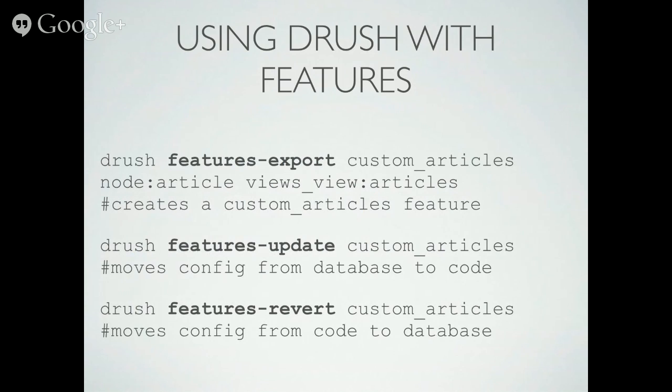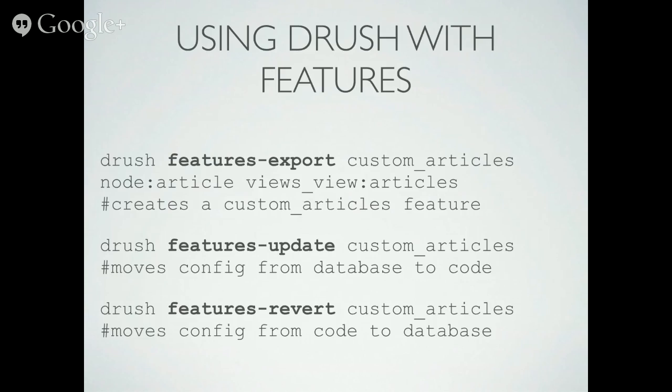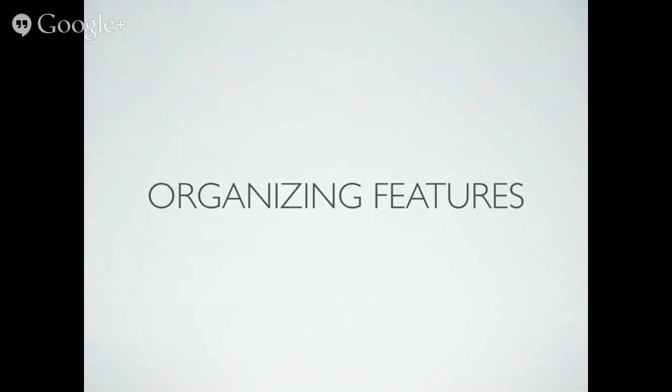So any changes that you've made in the database are going to be reverted. And then along with this, if you're using Git, of course you'll want to make sure that you're doing a diff to make sure that the changes are exactly what you're expecting before you commit them and move them over to another version of the site.